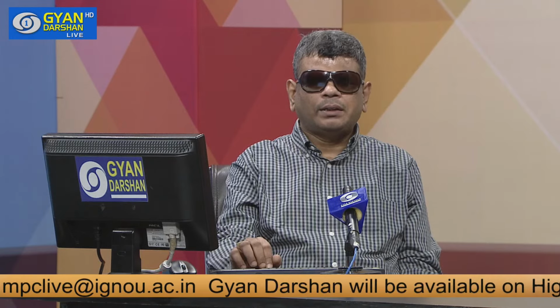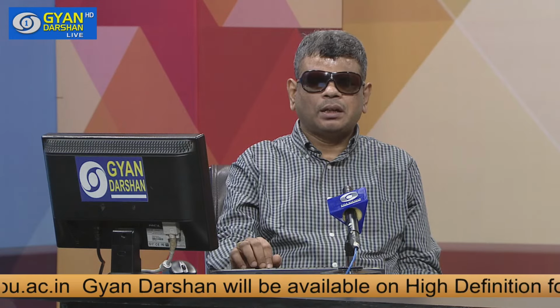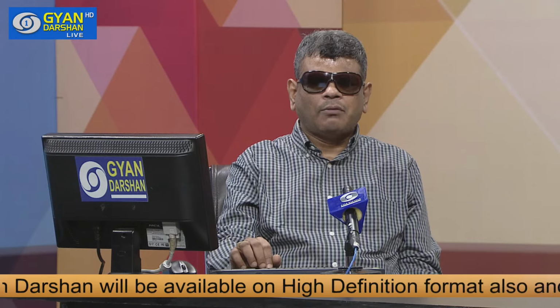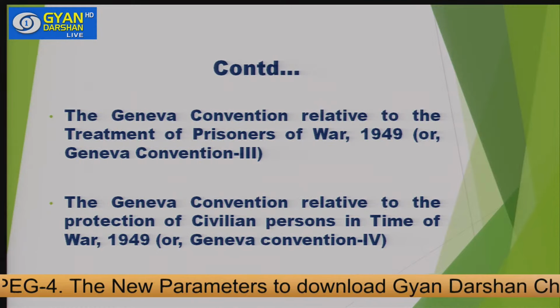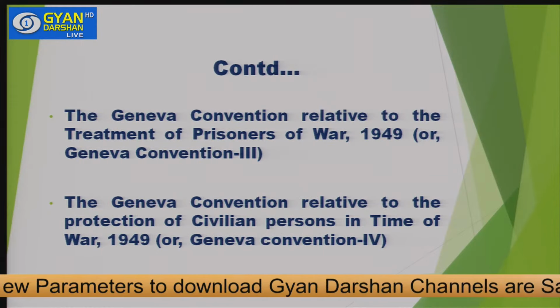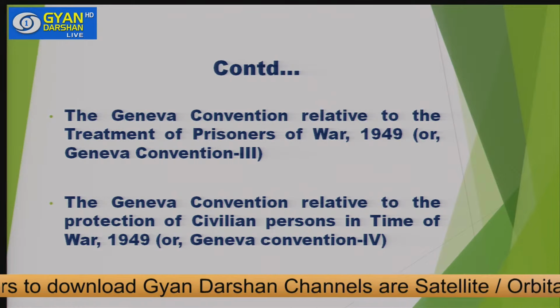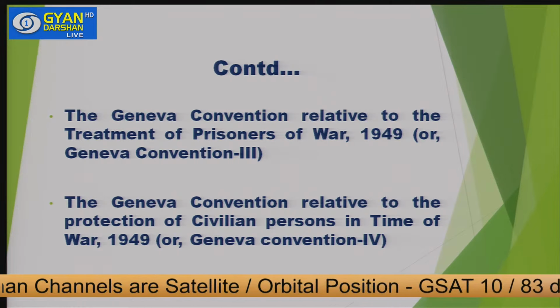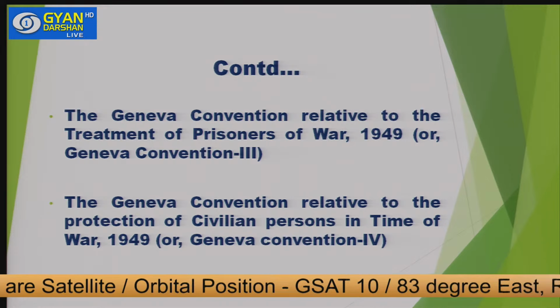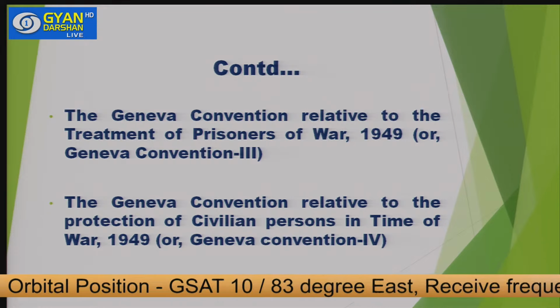These conventions mainly deal with the situations where the armed forces or weapons can be used, and the main purpose of these conventions is to regulate the use of force or use of weapons, whether it is land warfare or armed conflict in the sea.